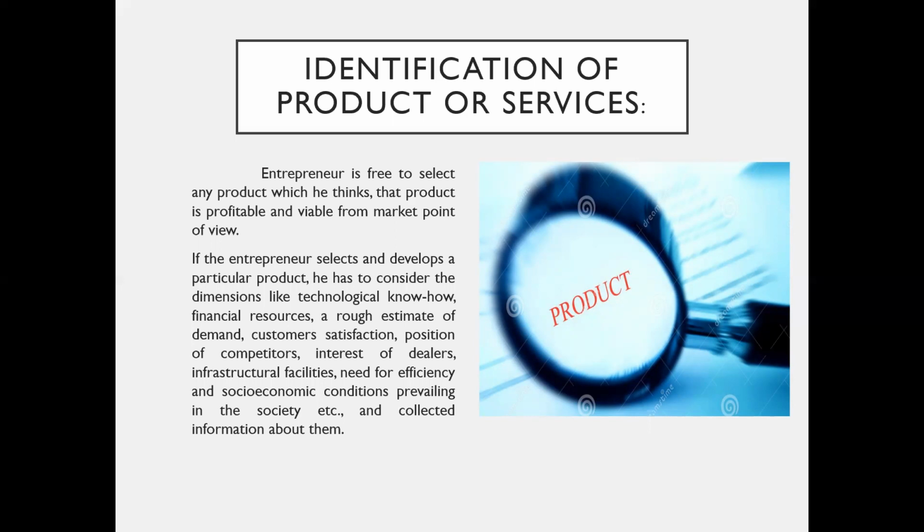If the entrepreneur selects and develops a particular product, he has to consider dimensions like technological know-how, financial resources, a rough estimate of demand, customer satisfaction, position of competitors, interest of dealers, infrastructure facilities, need for efficiency, and socio-economic conditions prevailing in the society, etc., and collect information about them.